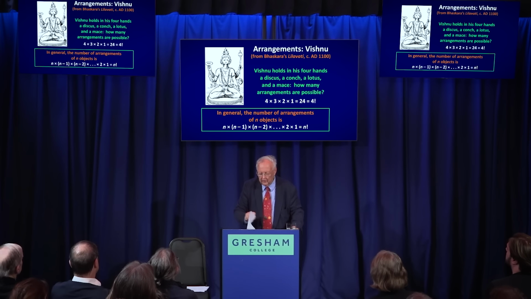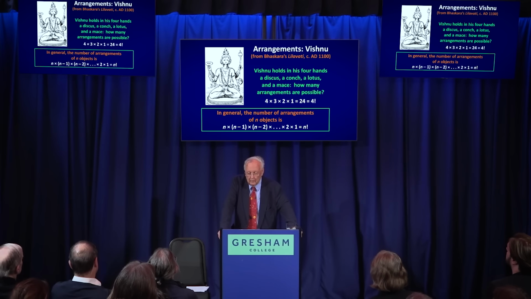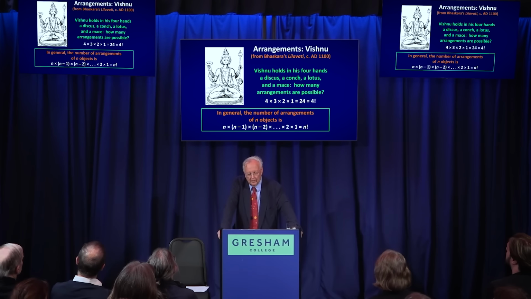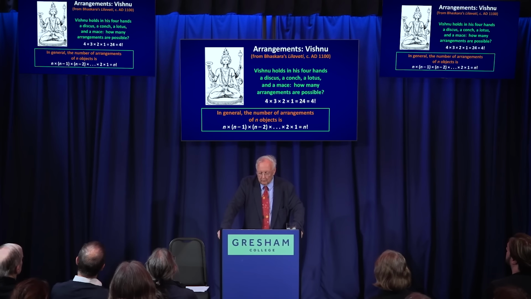And it follows that the total number of possible arrangements is 4 times 3 times 2 times 1, which is 24, which we call 4 factorial, written with an exclamation mark. And below we give the corresponding number, n factorial, of arrangements of n objects.